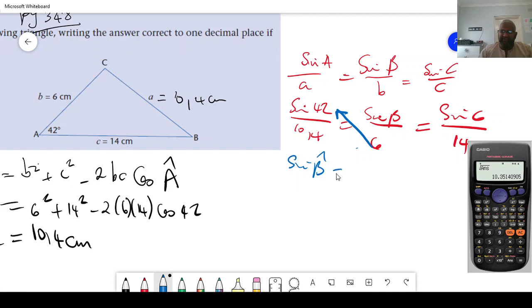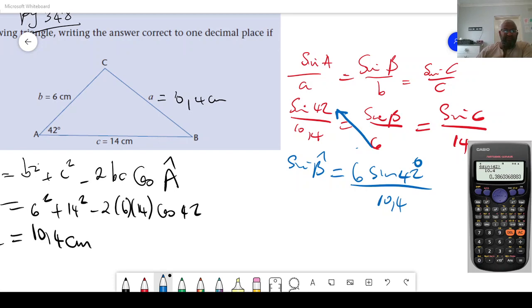So it's simply sine of angle B is equal to 6 sine 42 degrees over 10.4. Okay, so you'll put that in the calculator. 6 sine 42 over 10.4.